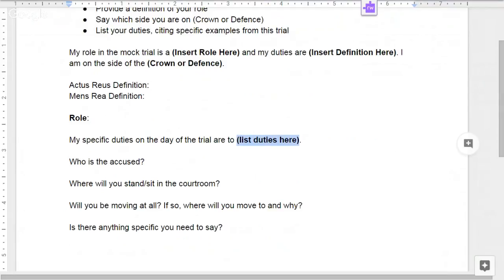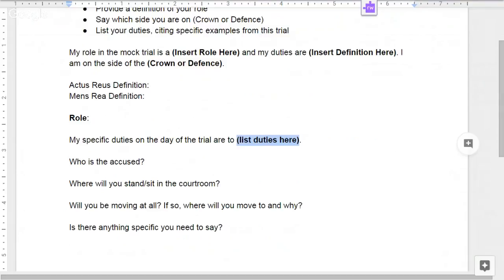The rest, after the actus reus and the mens rea, are a series of questions that you have to answer. They are single sentence questions about your role or your testimony. It breaks apart your testimony, so you are in the same line as the lawyers are.